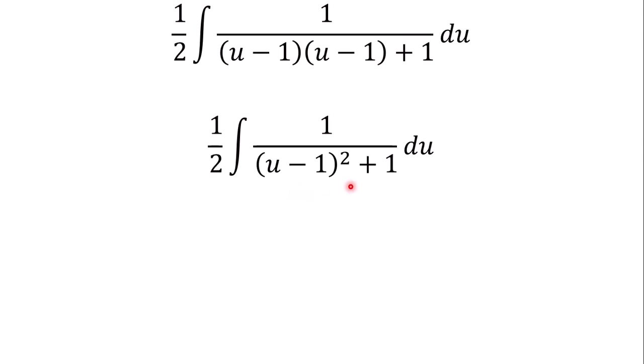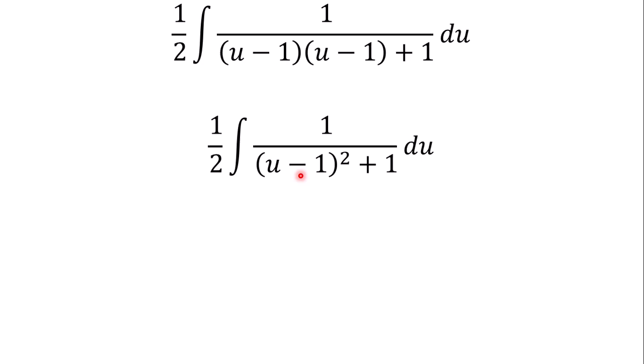Good. This one is more easy to integrate than the original one, because when we do substitution, maybe let p be equal to this, the u will be equal to the p, and here will be p squared, and we all know the answer to integral of this nature, 1 over something squared plus 1.